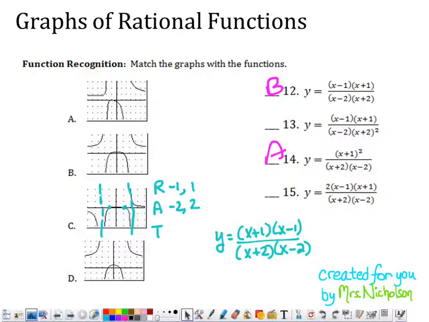At my roots, the graph is crossing the axis at both of those roots. It's not turning around, and so we do not have any tangency. When I check for togetherness, here at my first asymptote, I'm going down on the left and I'm going down on the right around that asymptote. So I have togetherness right here at this asymptote.